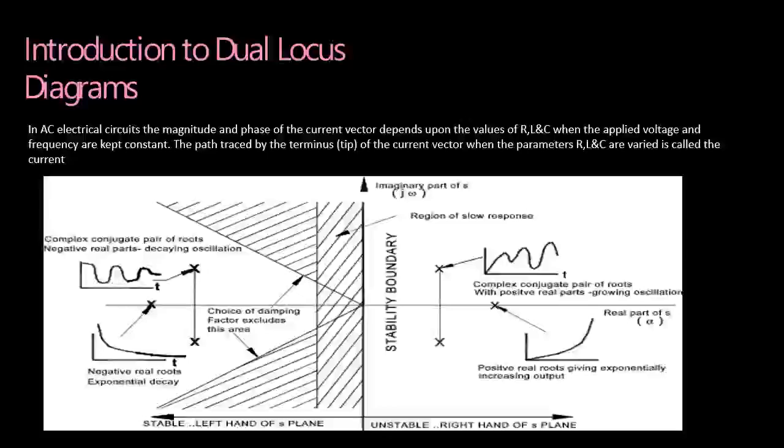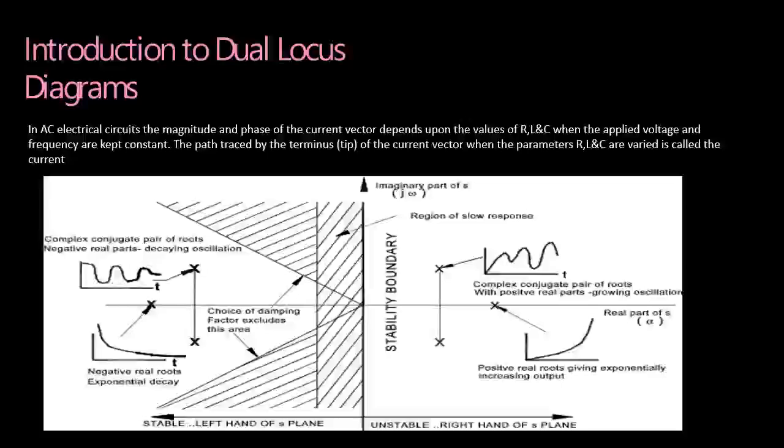Near the stability boundary, we have a complex conjugate pair of roots with negative real part, which is decaying oscillation. They are also a complex conjugate pair where the positive real parts are growing. In the middle of the axis, the imaginary part, j omega, is the stability boundary. On the left side, we can see the alternating oscillation, and on the right side, there is a slow response of resonance where the positive roots are giving exponentially increasing output.